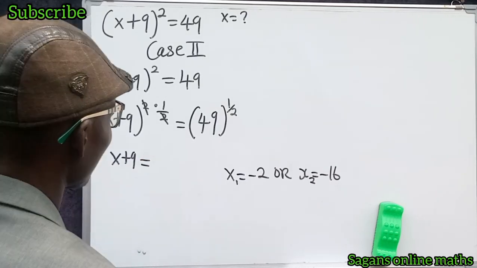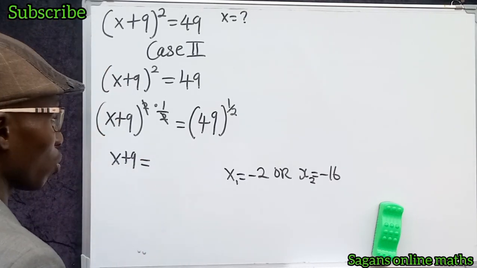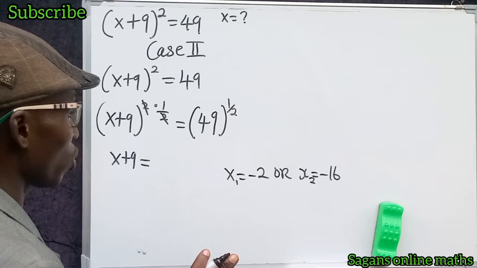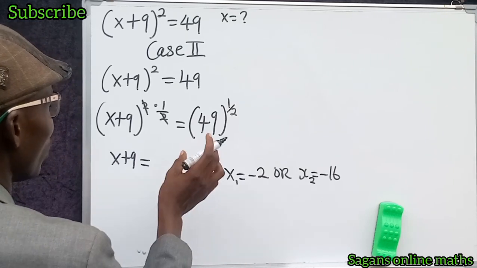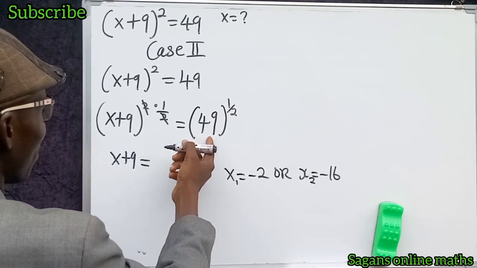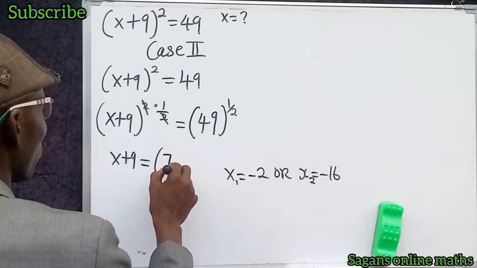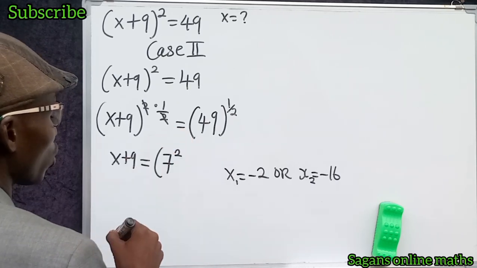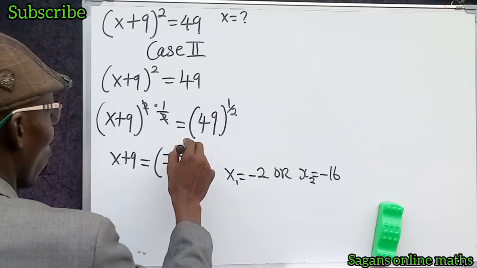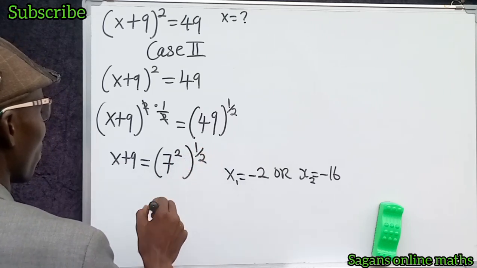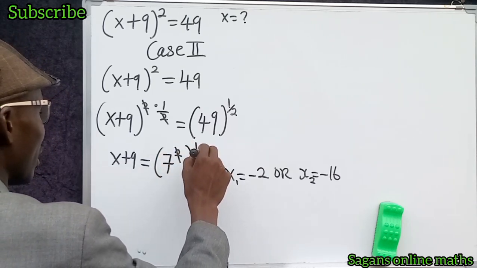Now remember that 49 to the power of 1 over 2 is nothing but the square root. But I'm not interested in the square root. There's another amazing thing we can do here. This 49, we can put it in index form as 7 to the power of 2, which is (7 to the power of 2) all to the power of 1 over 2. This power can cancel out the denominator here.